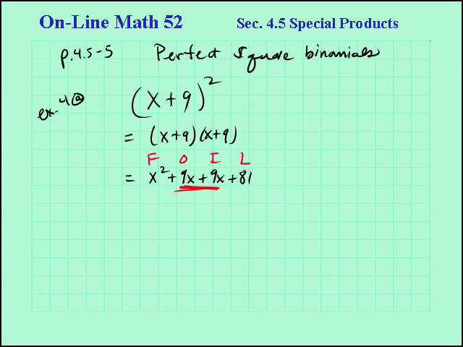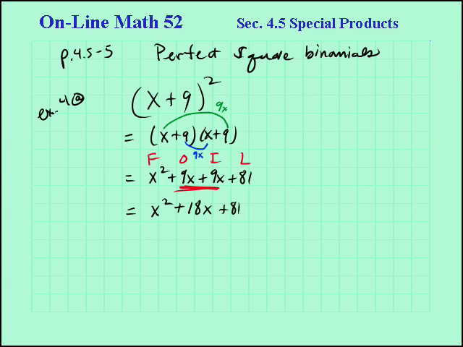The outer product and the inner product are exactly the same. Remember, with conjugates, they were exact opposites and always added to 0. But here, they're exactly the same. So when you add them together, 9x and 9x is 18x. That's like taking one of them and doubling it.